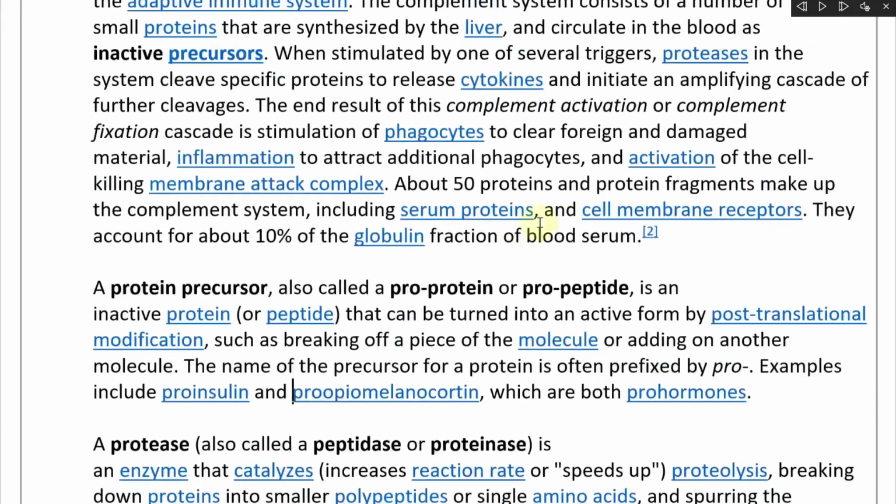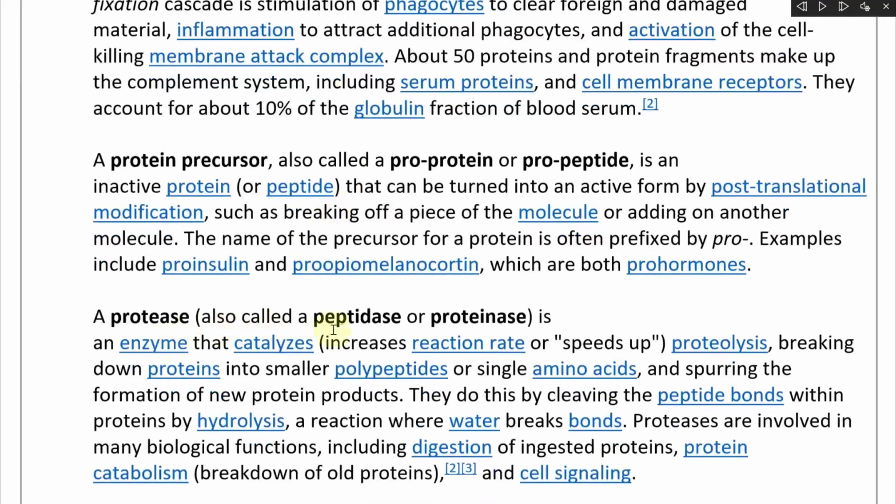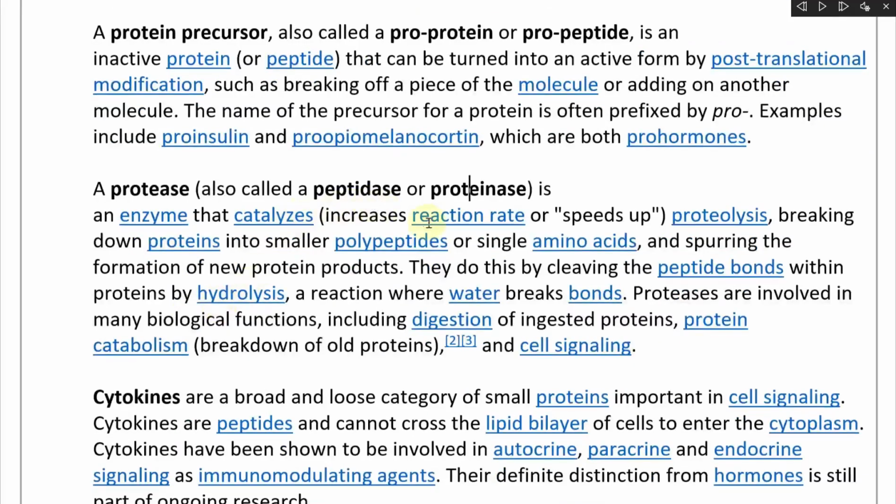And so note here, protease. So a protease, also called a peptidase or proteinase, is an enzyme that catalyzes, which increases the reaction rate or speeds up, proteolysis, which is breaking down proteins into smaller polypeptides, or single amino acids, and spurring the formation of new protein products.